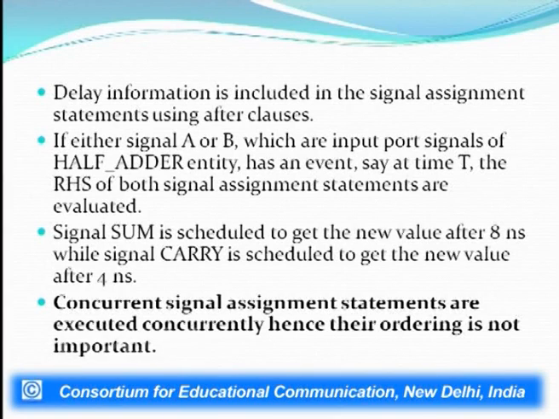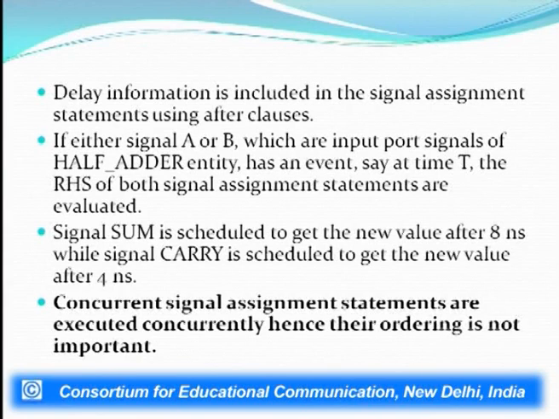Now, delay information has been included in these signal assignment statements using the after clauses. If either signal A or B, which are the input signals to the half adder entity, has an event at time t, then the right hand sides of both signal statements are evaluated. Signal sum will be scheduled to get a new value after 8 nanoseconds, while signal carry will get its value after 4 nanoseconds.